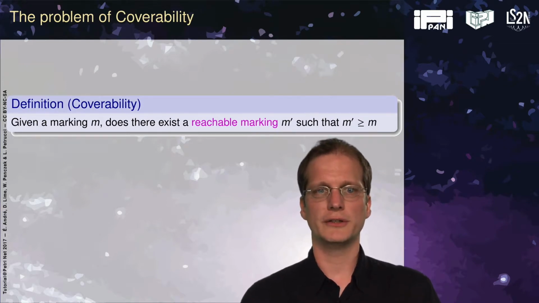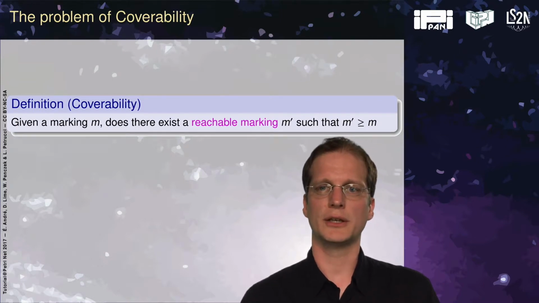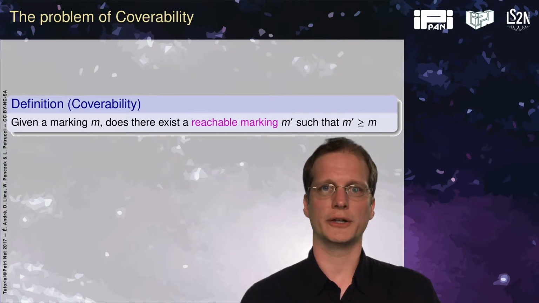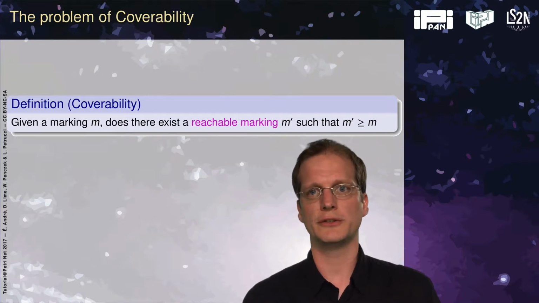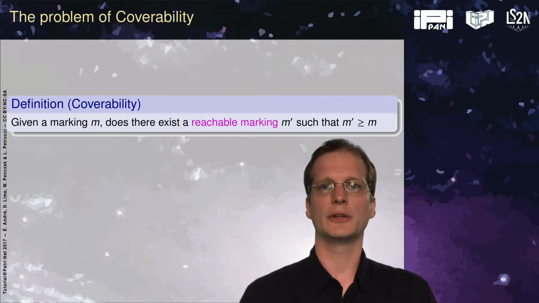So what is coverability? It is that we want to reach some marking which is greater or equal to our goal marking. So it's a bit weaker than reachability. We don't know exactly which marking we will reach, but we know that we will reach a marking which is greater.